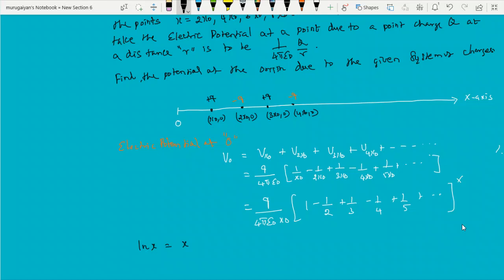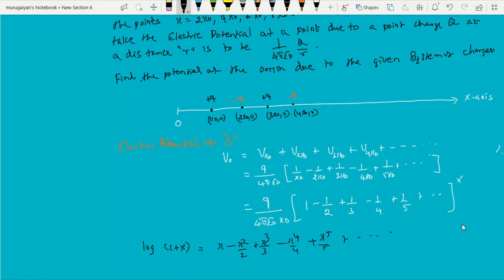Actually, instead of log x, we take log of 1 plus x, which is x minus x square by 2 plus x cube by 3 minus x power 4 by 4 plus x power 5 by 5, keep going. This is the expansion of ln of 1 plus x.